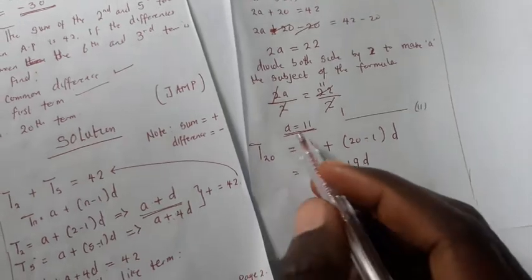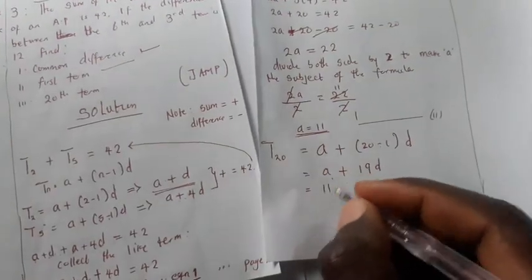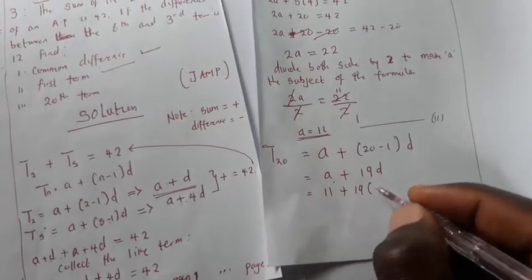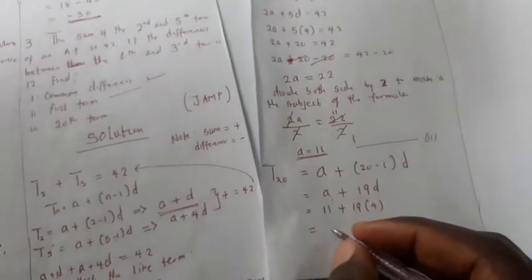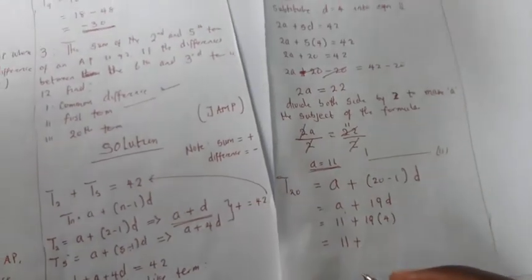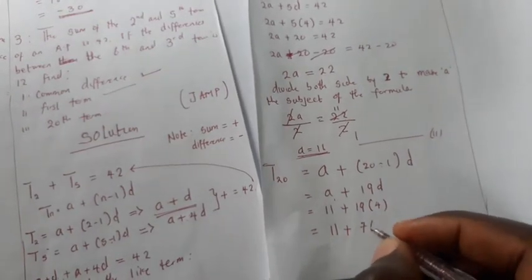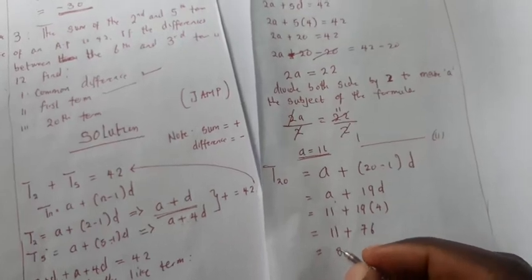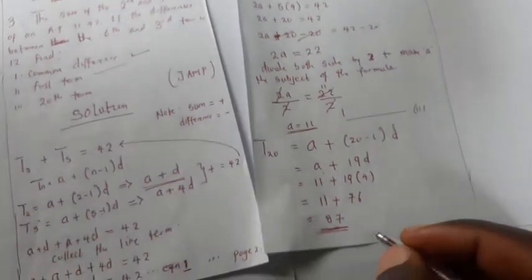Let's substitute A as 11 and D as 4. We have 11 plus 19 times 4, that's 76. 11 plus 76 gives 87. The question has been solved easily.